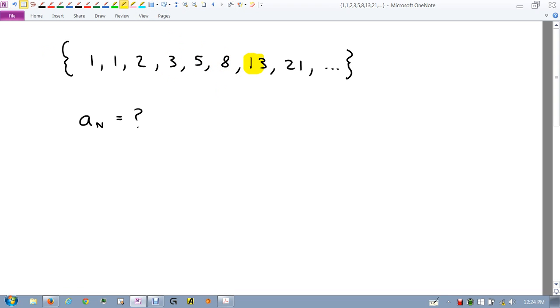The previous two, 5 and 8 added together. So what would the next number be? 21 is 13 and 8. So what would the next one be? 34? Because that would be 21 plus 13. Yes? And then after 34, you can get the next one.